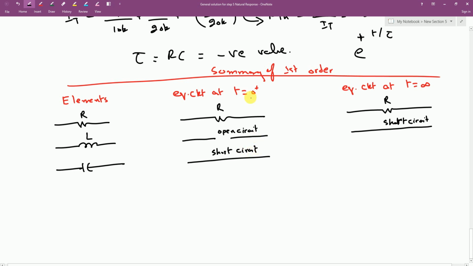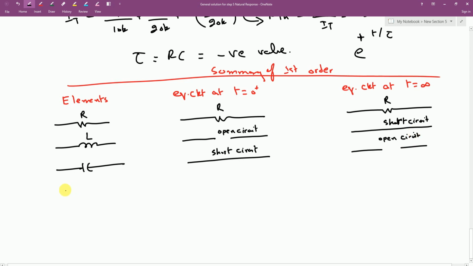However, as the time elapses, the charges accumulate on the plates of the capacitor, thereby making this capacitor an open circuit at time t equal to infinity. So at time t equal to infinity, the capacitor behaves like an open circuit.